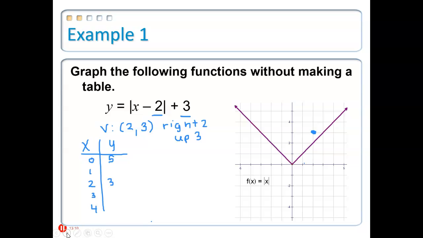At 1, you'd get negative 1, but the opposite value is 1. 1 plus 3 is 4. And 3 minus 2 is 1, plus 3 is 4. 4 minus 2 is 2, plus 3 is 5. So again, I can see that slope of up 1, right 1 happening, even if I create the table.